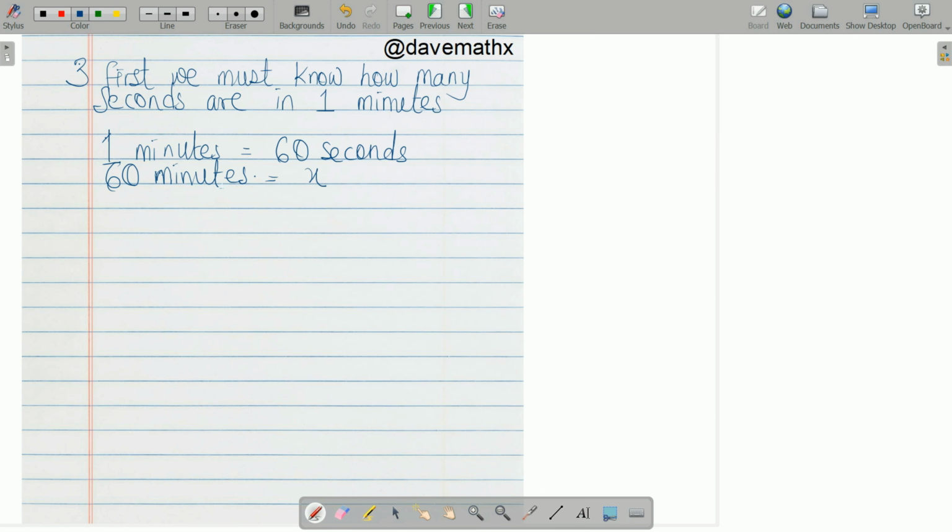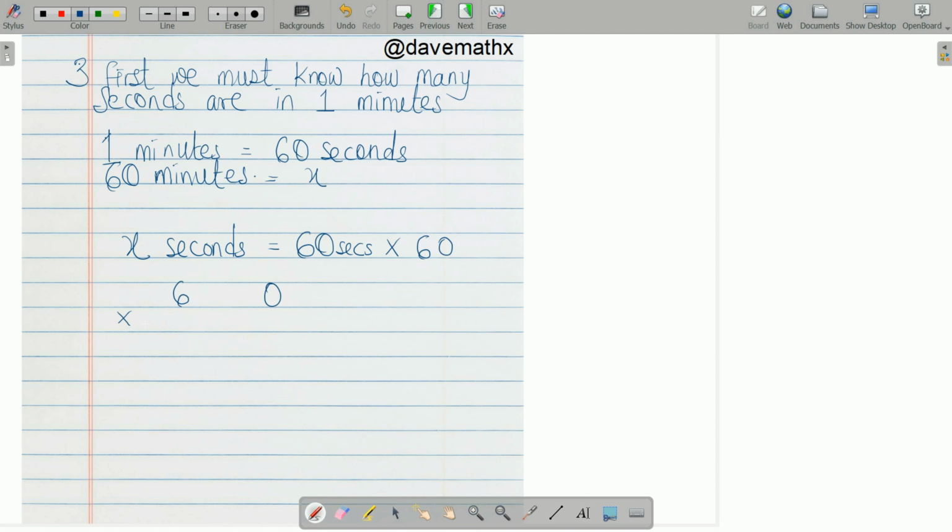The value of X is then determined by cross-multiplying the two sides. We are seeking seconds, therefore after cross-multiplying, we have X seconds.